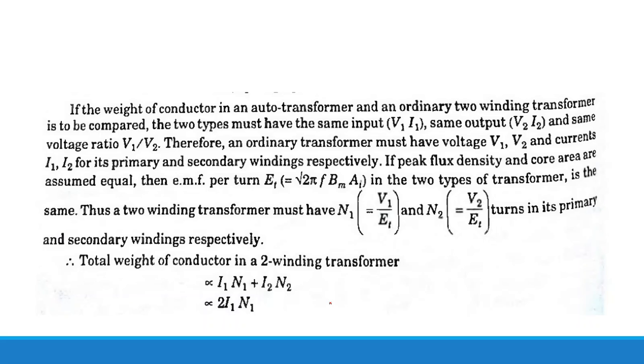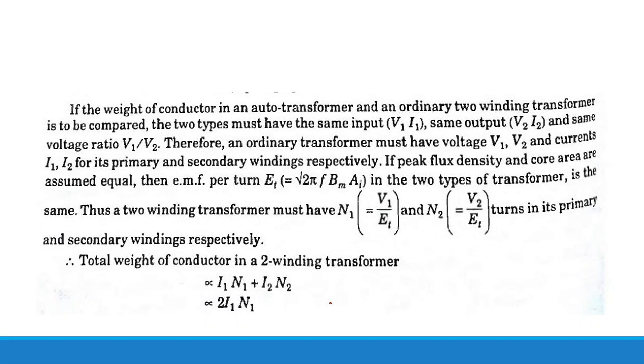Already we have seen what would happen if the flux density is different: losses will be different, so efficiency will be different. Basically we are going to consider the same transformer here.